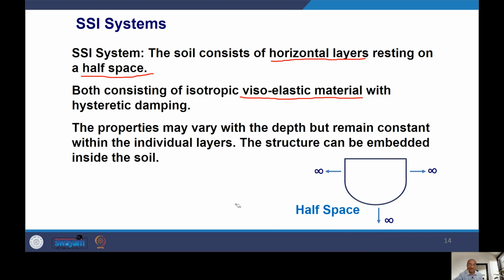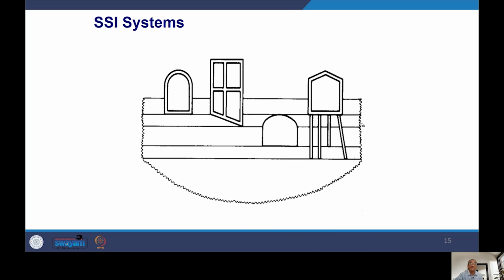Now when we say the SSI system, let's say your foundation is situated on a layered half space, then in that case these are the systems which you can have. It could be embedded, it could be on the surface, or it could be fully embedded or partially embedded. When we say structure, that means the structure consists of the foundation also, as we discussed in the last lecture, and this is the case where typically the foundation is supported by pile foundations.